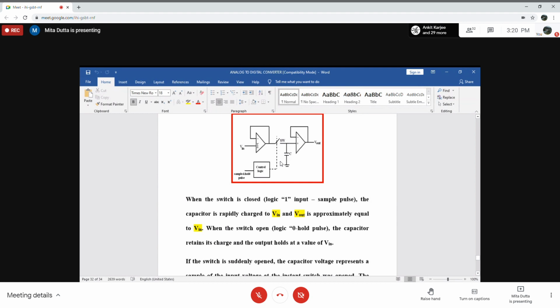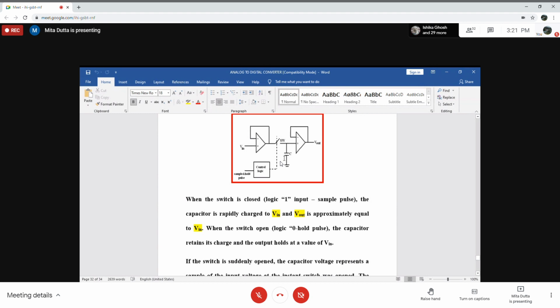Here we are using a buffer or unity gain amplifier at the input side and the output side of the sample and hold amplifier. We know a unity gain amplifier has high input impedance and low output impedance.